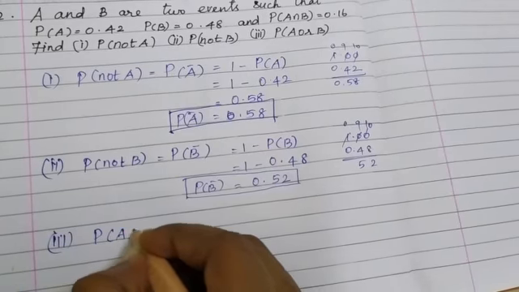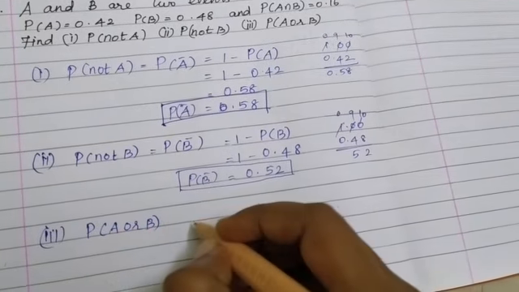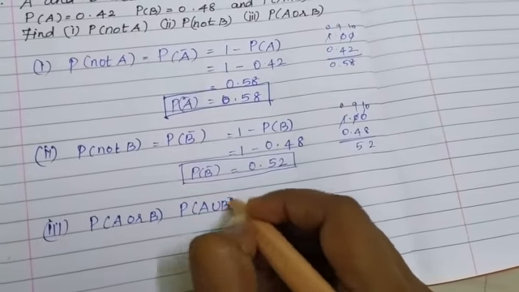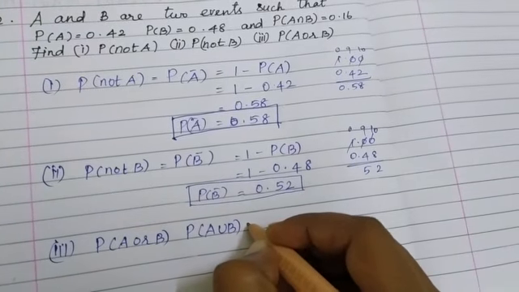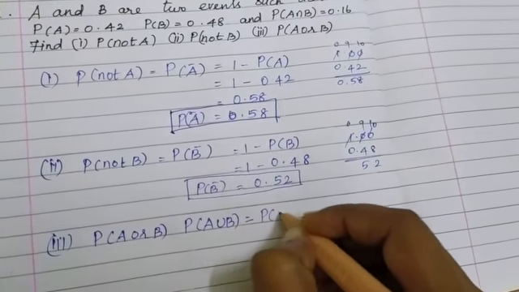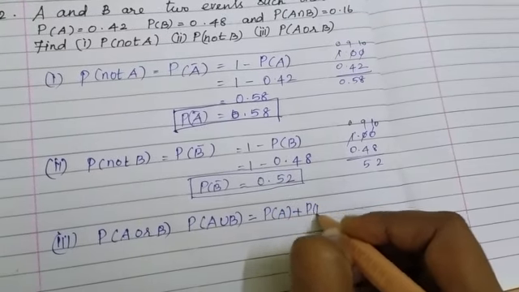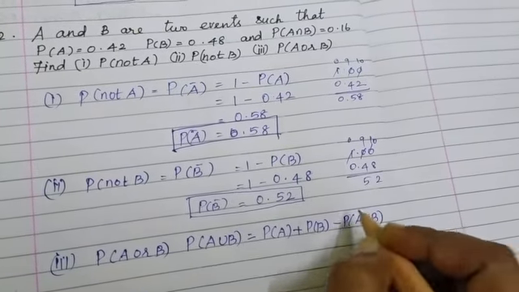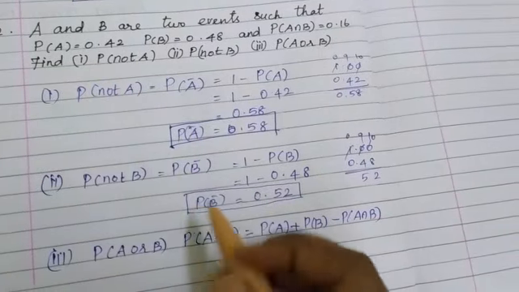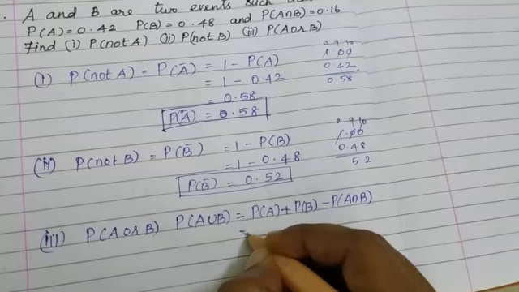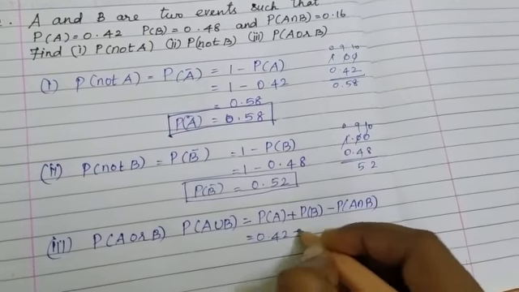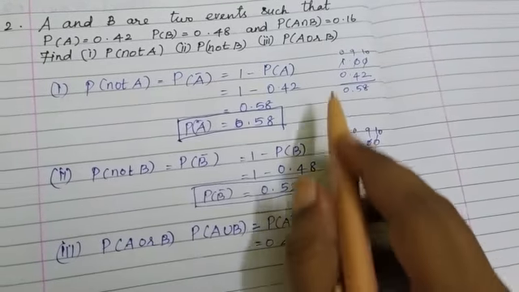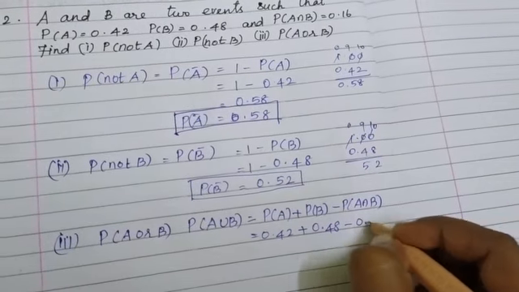Next, third division, P of A or B. P of A or B means A union B. The formula you know, P of A plus P of B minus P of A intersection B. So P of A already given in the question, so it is equal to 0.42 plus P of B 0.48 minus P of A intersection B also given, 0.16.